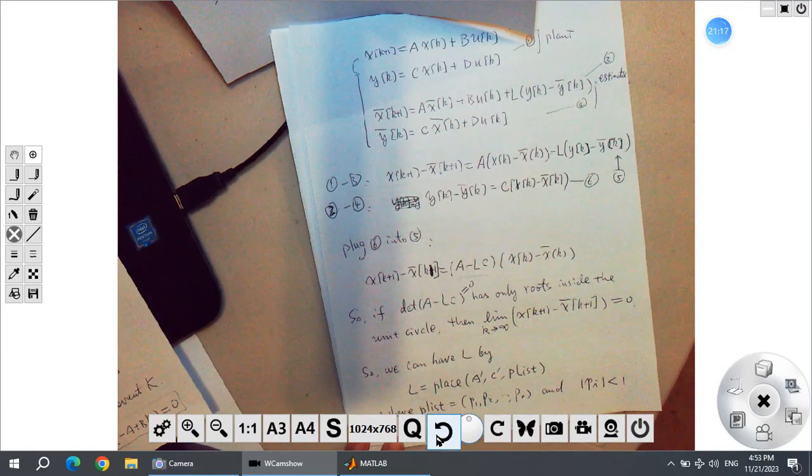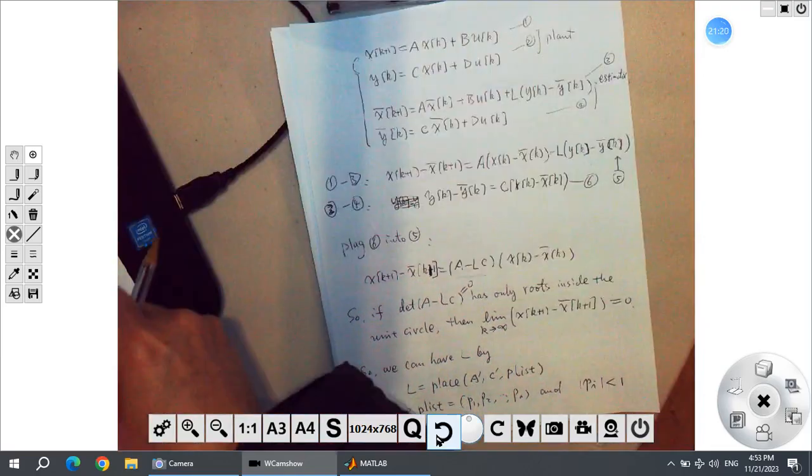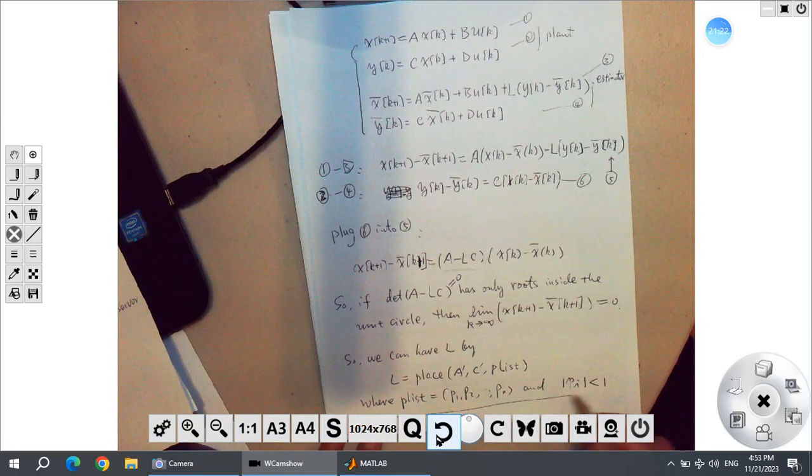That's it. So it's your choice. You select some Pi, each Pi with magnitude smaller than 1. Then you have a list of poles and put it here.